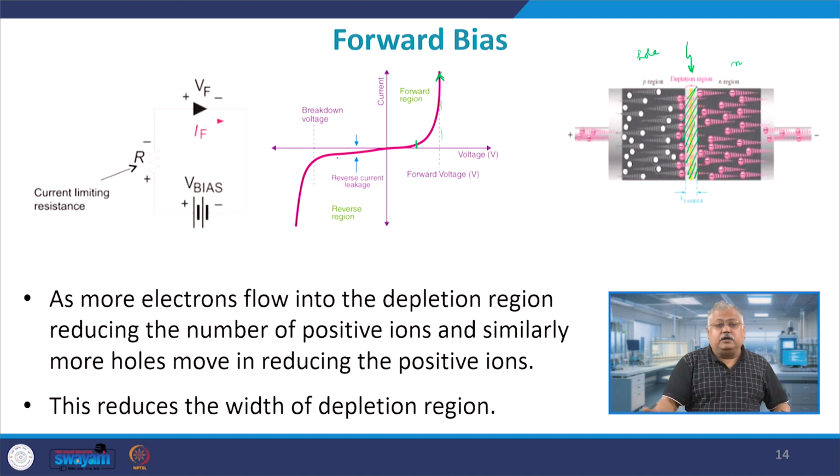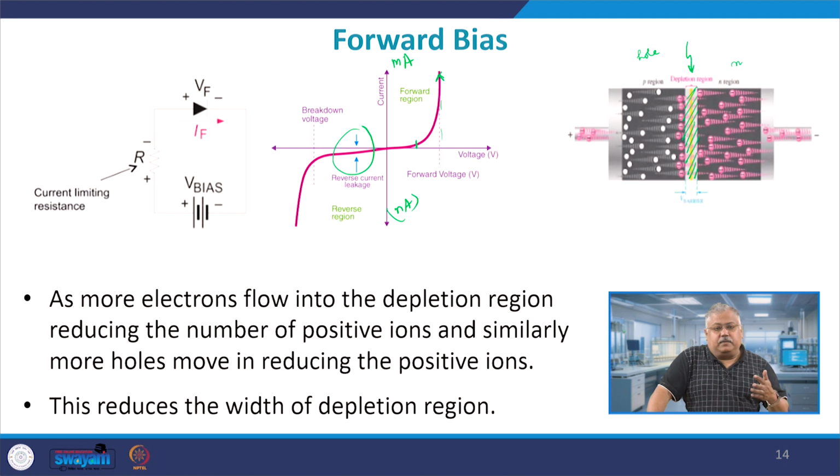In the reverse bias case, as I told you, the current is so small, there is almost no current flowing through the device. This is of the order of milliamps and this is of the order of nanoamps. So, this is about 6 orders lower on the negative y axis, and you can see this reverse leakage current, which I will explain later.